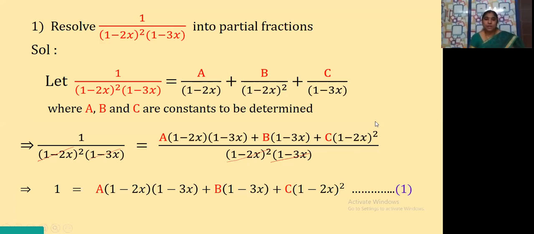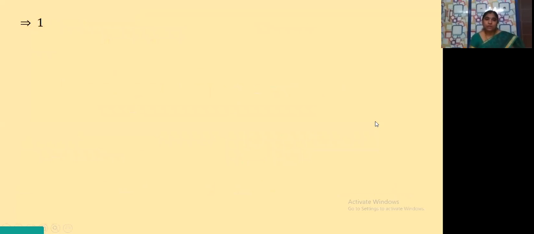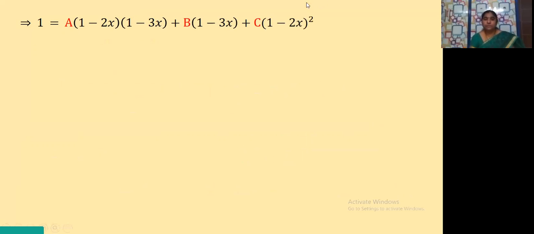Now let us see. The same equation I am writing here once again, children. 1 is equal to A into (1 minus 2x) into (1 minus 3x), plus B into (1 minus 3x), plus C into (1 minus 2x) whole square. Clear? So what is the next step here, children?